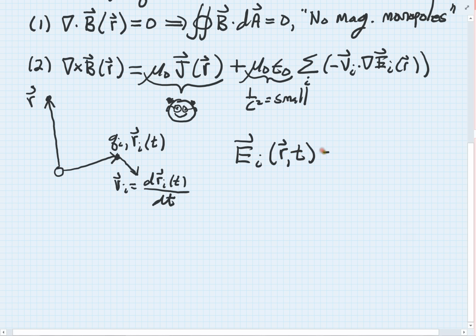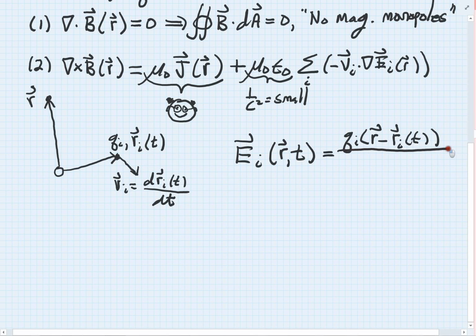Namely, it looks like Coulomb's law, where I've got the charge of the particle, I've got the location where I'm measuring the electric field, that's this location R, but I need the displacement vector from that to the location of my particle, R sub i. This difference vector is what I'm computing, but notice R sub i is something that's changing with time t. That's why the electric field itself is changing with time t.